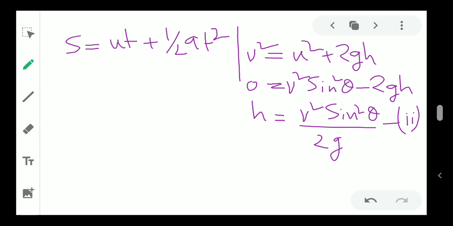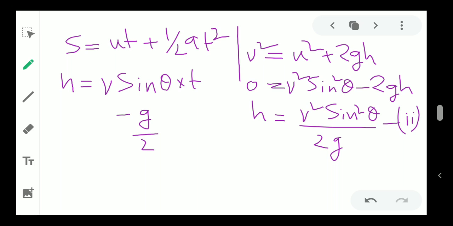If I use the other formula, instead of s I can write h. While going up, my initial velocity is v sine theta and my time is t, so I can use the at square term too. While going up it is minus, so it is g by 2 t square.